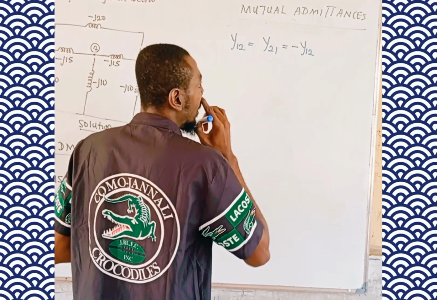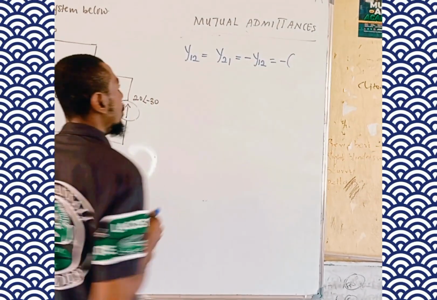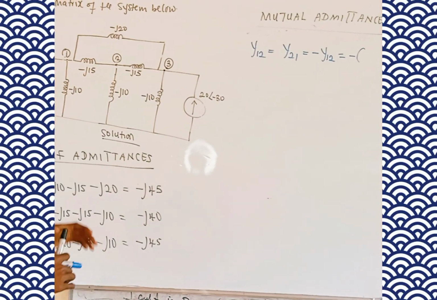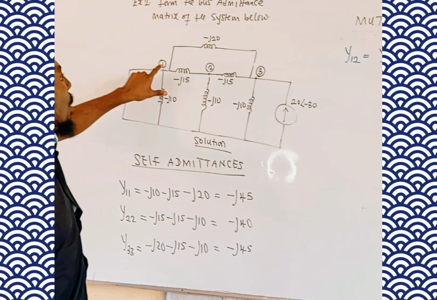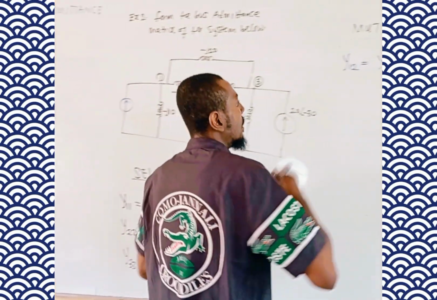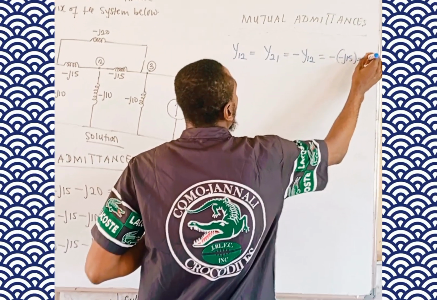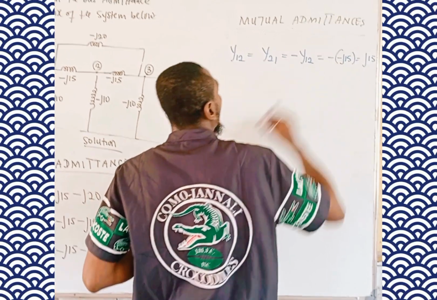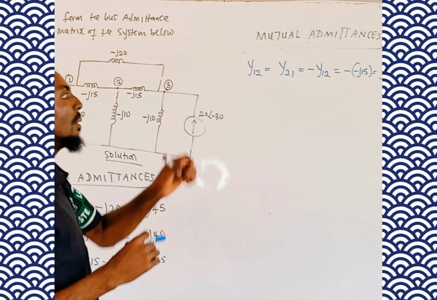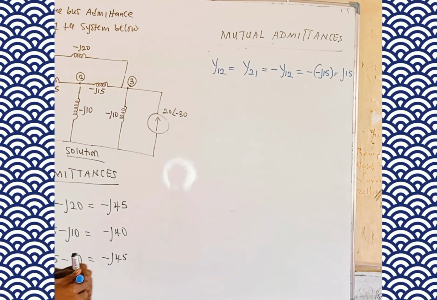So how do we handle it? Y21 is equal to negative Y12. From the diagram, Y12 is minus J15. The negative of it, negative of minus J15, gives us positive J15. So J15 will serve as our Y12 as well as our Y21.